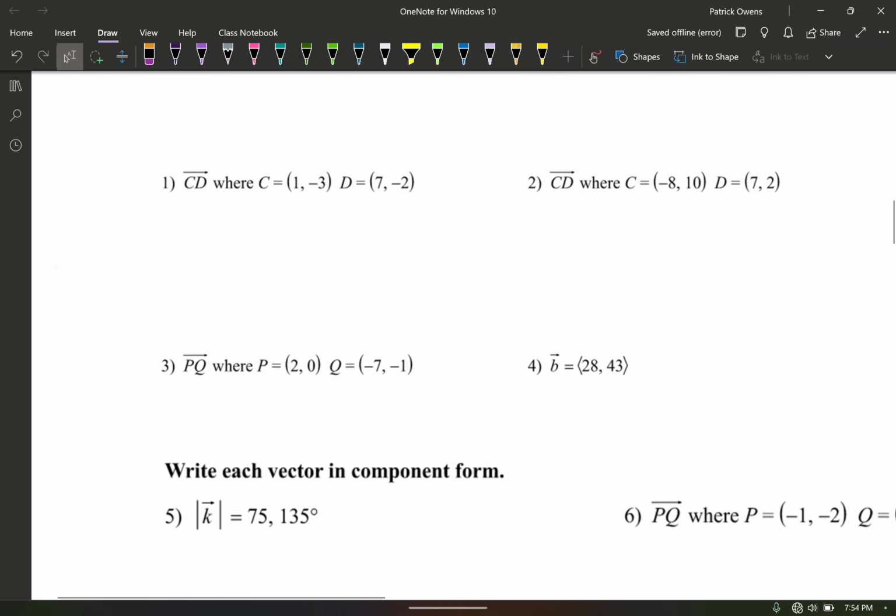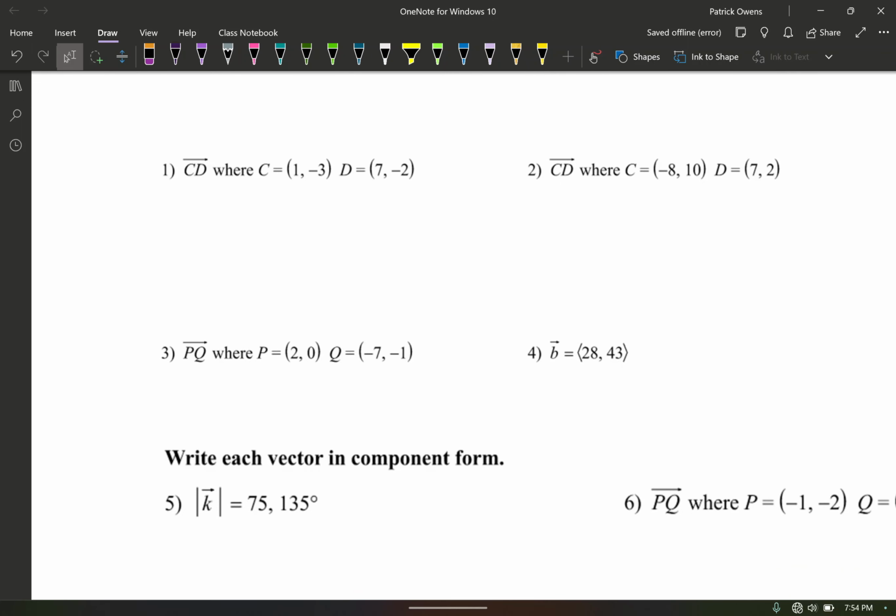Now, sometimes we will be given a vector in its points. So here we are given vector CD. Sometimes we'll have a vector in this form where C is our initial point, and then D is our terminal point. In this case, our vector CD is going to have a horizontal component of, well, what's our distance between 1 and 7?